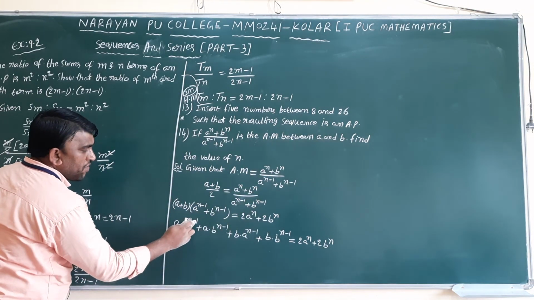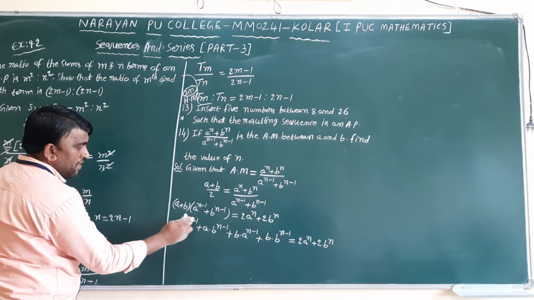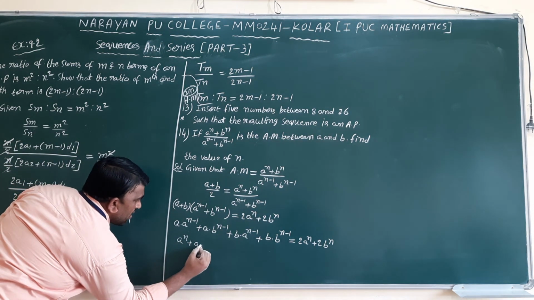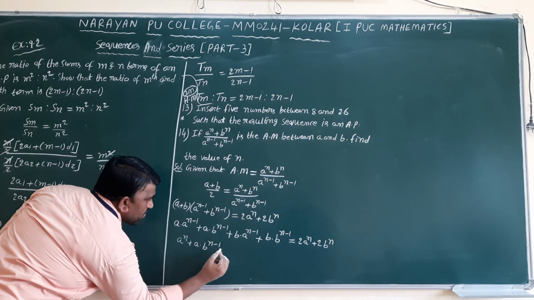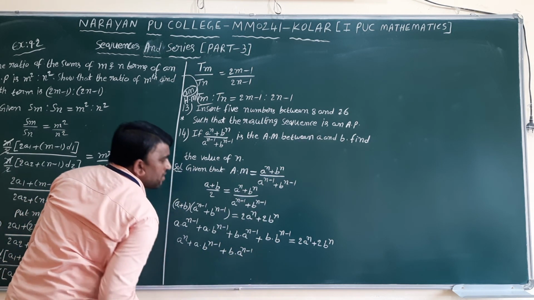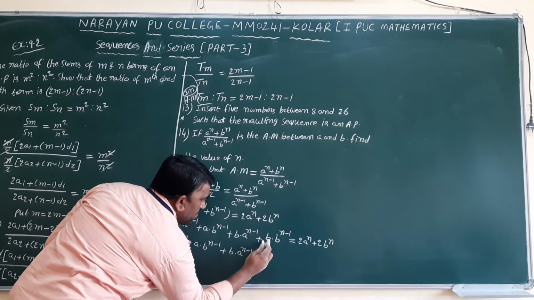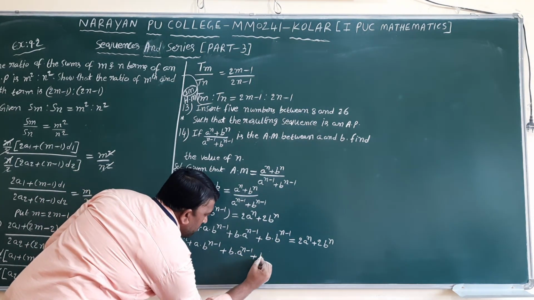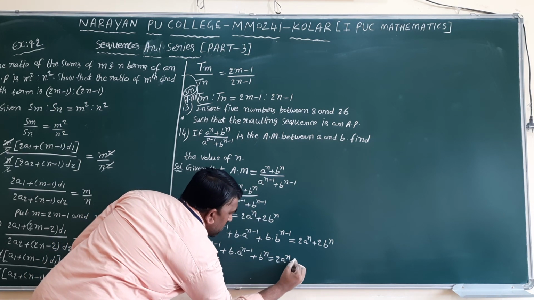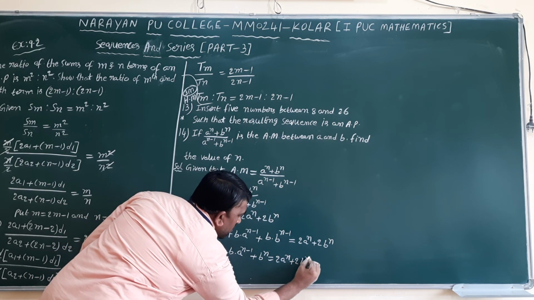So a into a power n minus 1, the base is the same, the powers we can add. Minus 1 plus 1 cancel, a power n plus a into b power n minus 1 plus b into a power n minus 1 plus b into b power n minus 1, b power n is equal to 2a power n plus 2b power n.